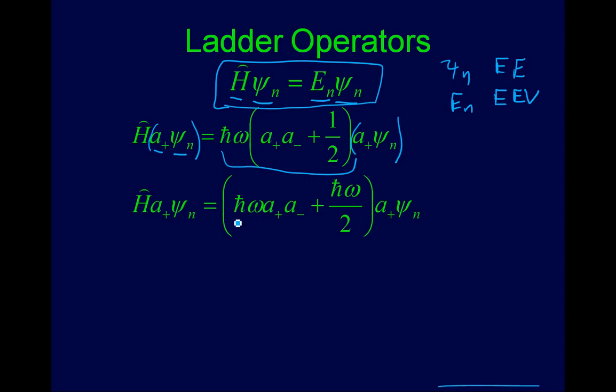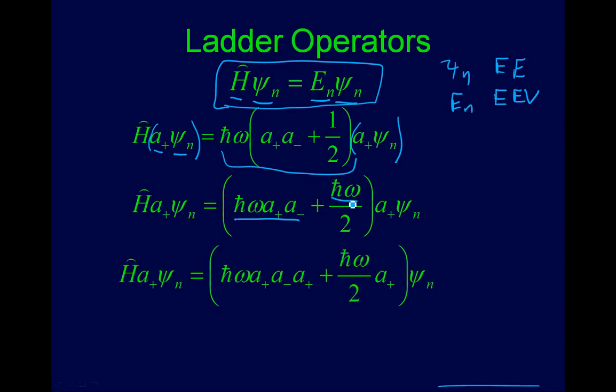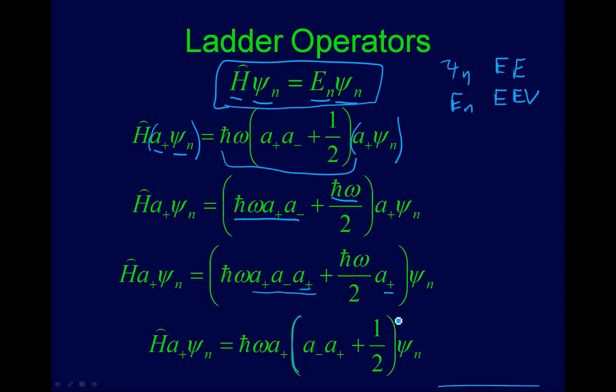So the first step, what I do is I move the h bar omega into here. And then what I do is I take the A plus and move it back into these functions here. Okay, so I distribute it into these two pieces here. So there's an A plus here and an A plus. So now you have three of these operators acting together. And then I drop down these two brackets here.